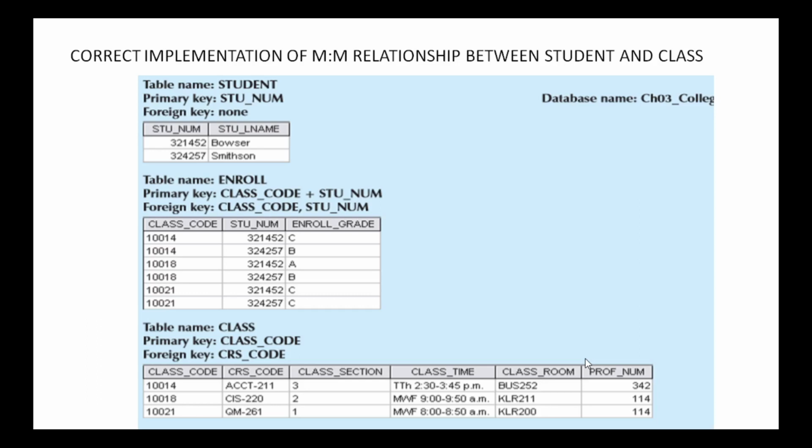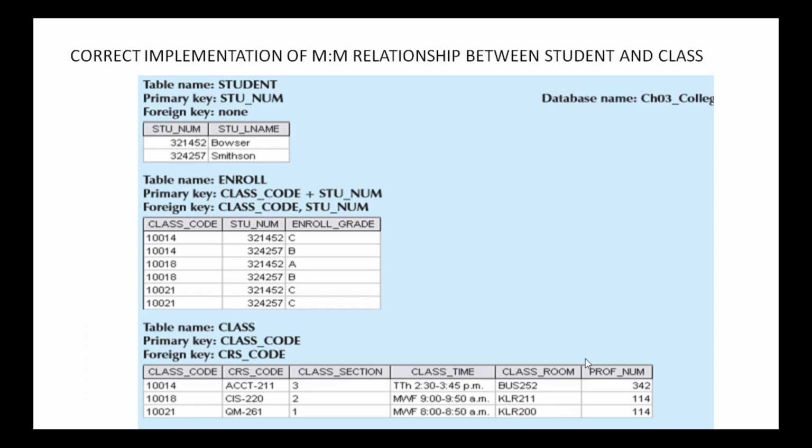In the student table we have only the student details, student number and student last name: 321452, 324257, which have a unique identification. Coming to the class table, it contains only the class details: class code 10014, 10018, 10021. In the student table, by using the student number we identify each and every student.